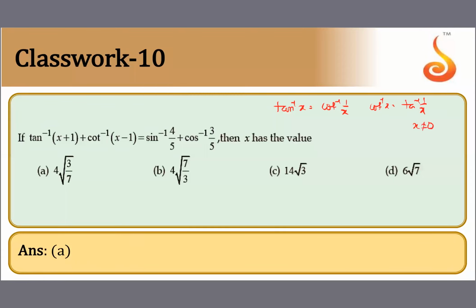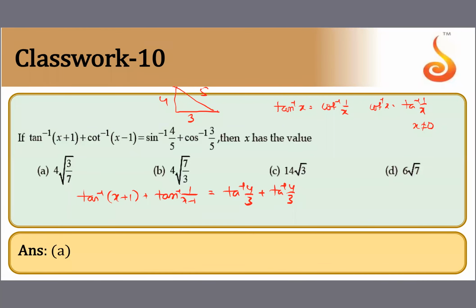We apply this one. Tan inverse x plus 1 plus tan inverse 1 by x minus 1 is equal to, take a triangle. This is 4, this is 5, this is 3. Sin inverse 4 by 5 is tan inverse 4 by 3 plus tan inverse 4 by 3.